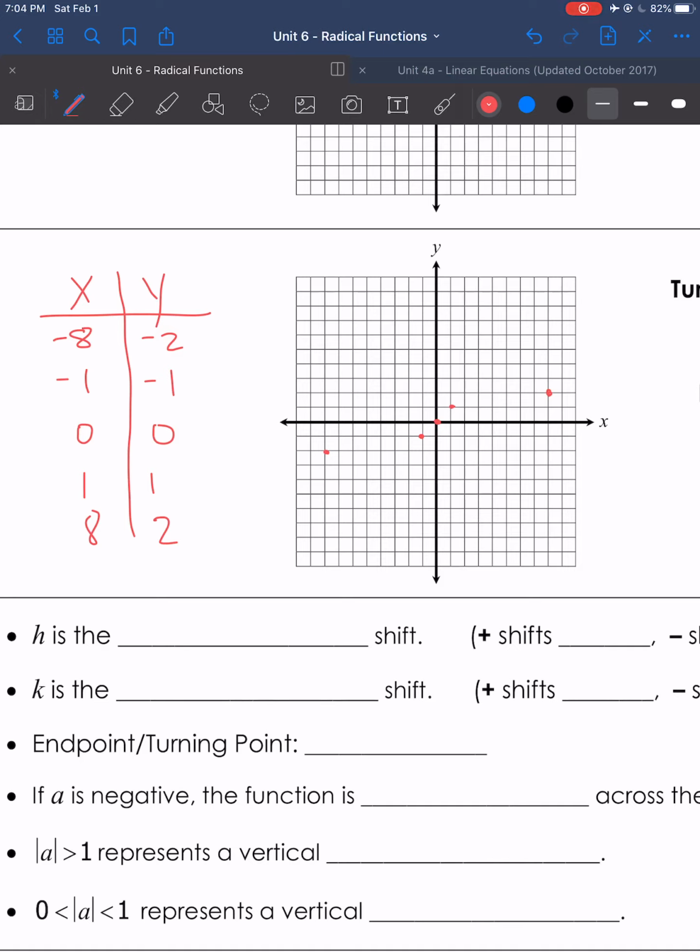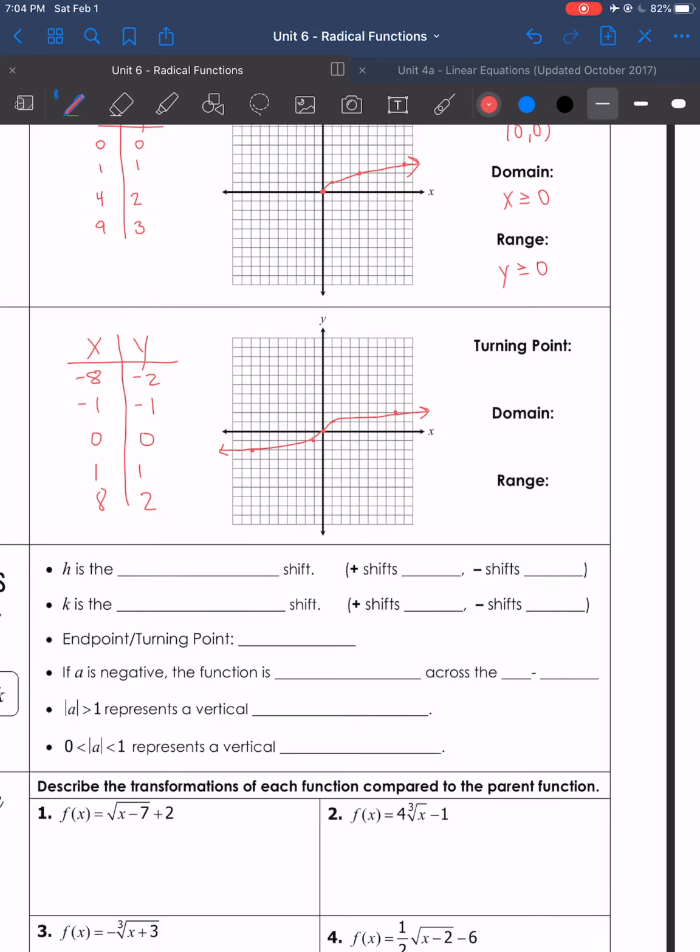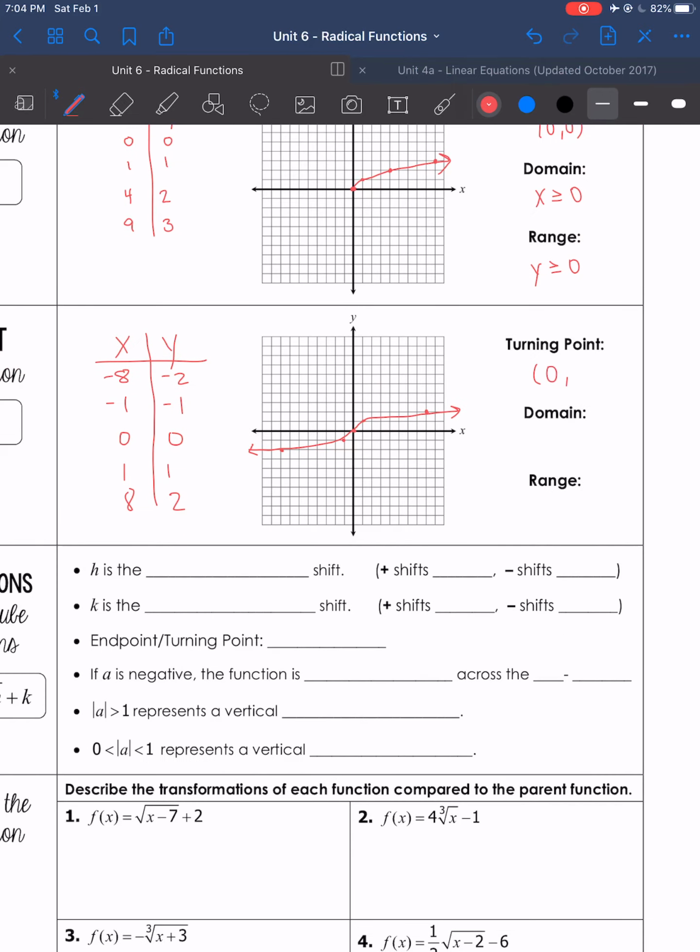And then you connect them better than I did. And your turning point is going to be 0, 0. Since it covers the entire graph here, our domain is all real numbers. And our range is also all real numbers, since it'll go forever in both directions.